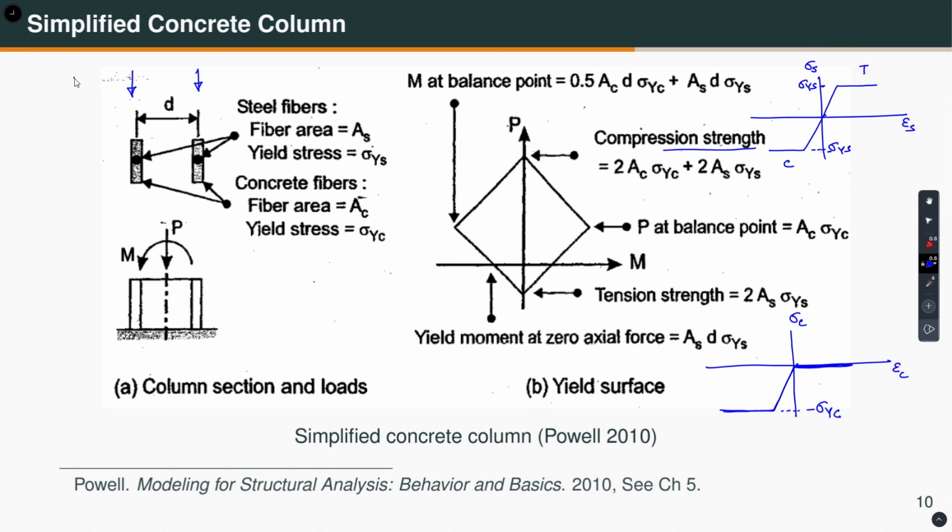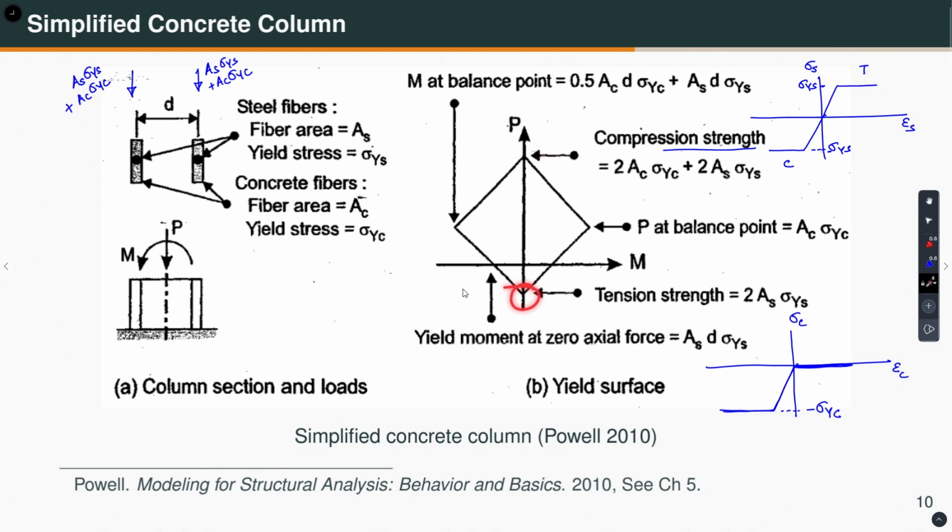So, this is going to be AS, the area of steel fiber, multiplied by sigma ys, plus AC multiplied by sigma yc, and the same is here, AS sigma ys plus AC sigma yc. Okay. So, if you add the two together, that is our axial compressive strength, which is 2 AC sigma yc plus 2 AS sigma ys. This point is done, right.